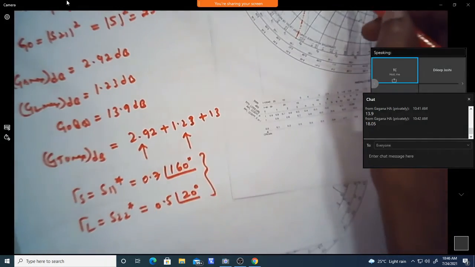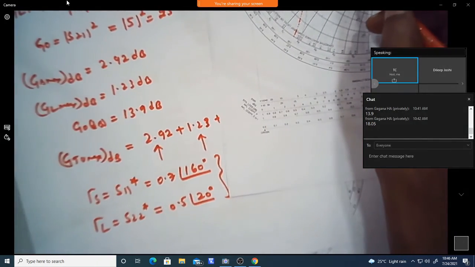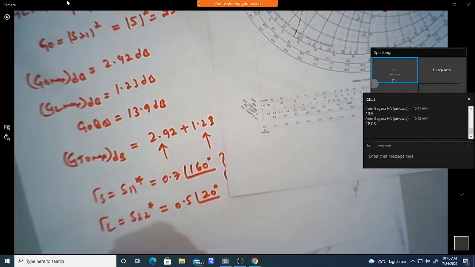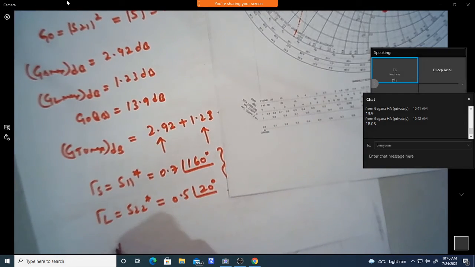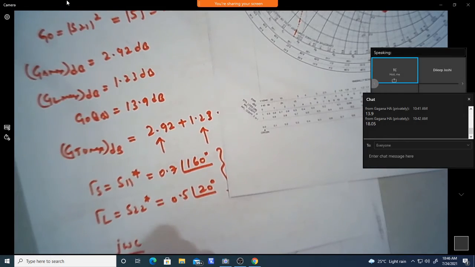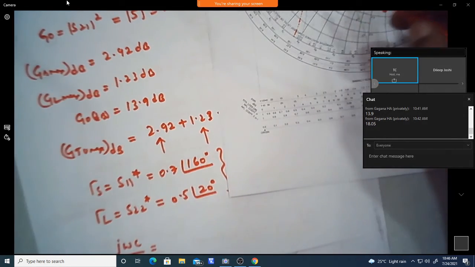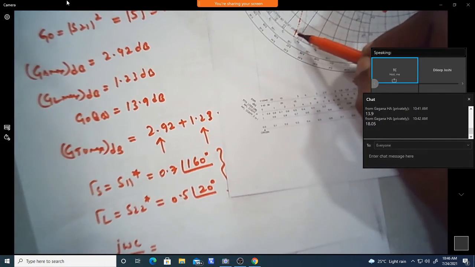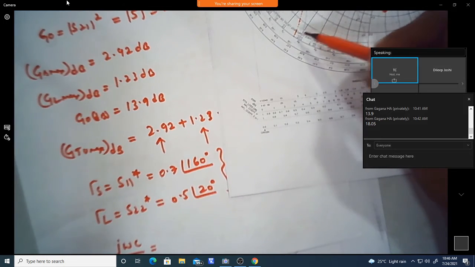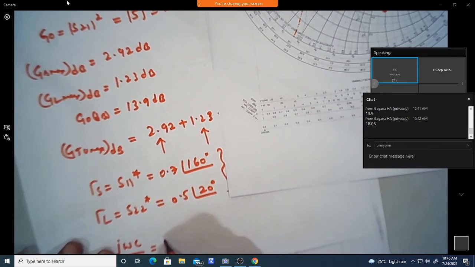Since it is a shunt capacitor, we know the equation, j omega C divided by Y naught, which is equal to the value we got, around 2.2 that we are going to take.